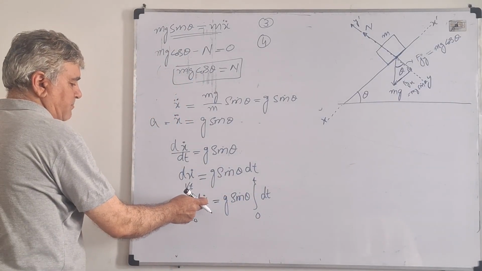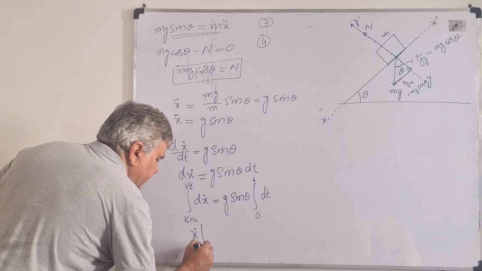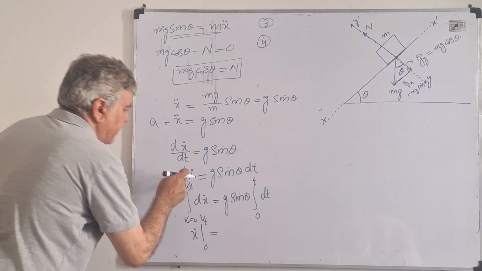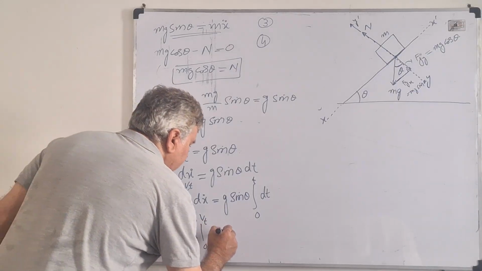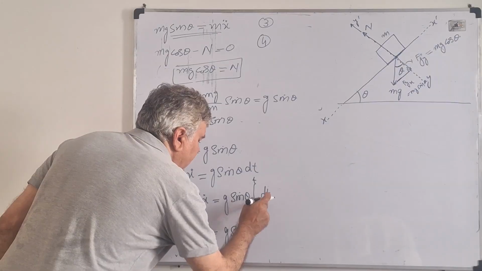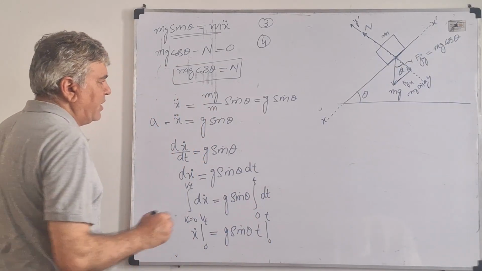So this gives me x dot from 0 to vt. I'm writing the t and substituting, the velocity at time t is equal to g sine theta, and this is t, the limit is from 0 to t.